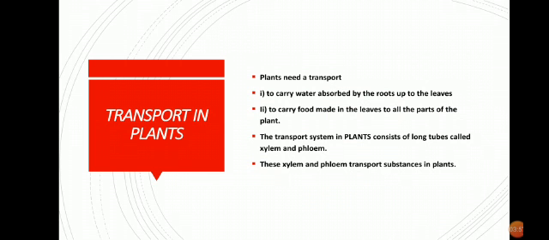As we all know, animals need a transport system, isn't it? Blood is a medium of transport and it is transferred via the blood vessels, right? So like animals, plants also need a transport system. What for? Number one, for carrying water and dissolved minerals absorbed by the root up to the leaves, and number two, to carry the food made in the leaves to all parts of the plant including the root.